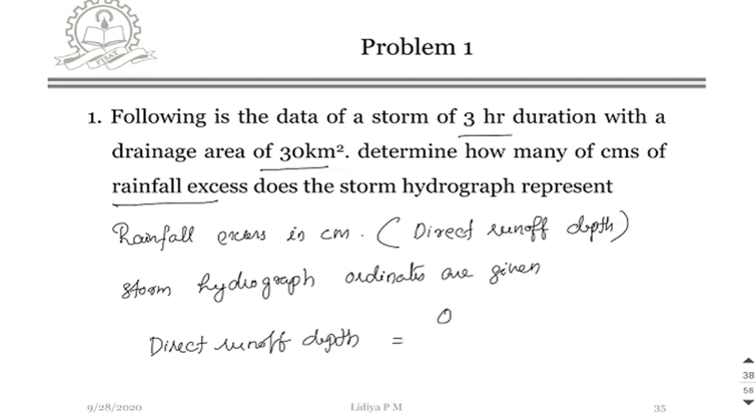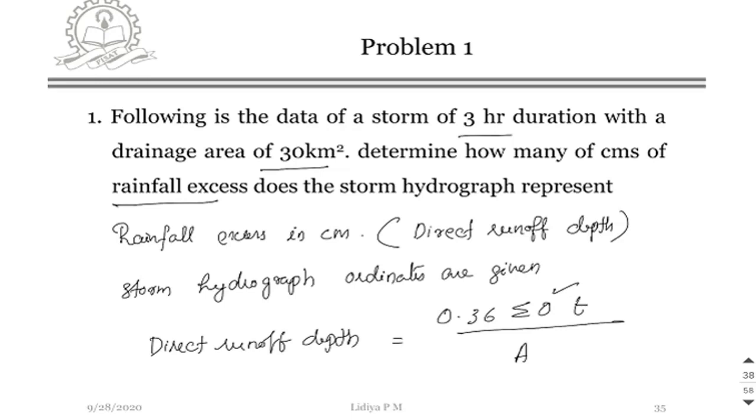We know the equation: 0.36 sigma O T divided by A, where sigma O represents the sum of ordinates of direct runoff, T represents the time in hours, and A represents the area in kilometer square.